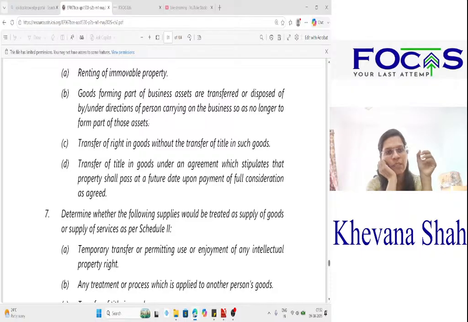Now the last one we have is transfer of title in goods under an agreement which stipulates that property shall pass at a future date upon payment of full consideration as agreed. Here, you are transferring the title of goods. They are saying that this property will pass on at a future date on full payment of consideration. So whenever you are transferring the title of goods, in that case it will always be supply of goods.